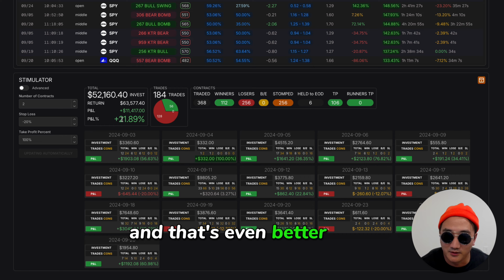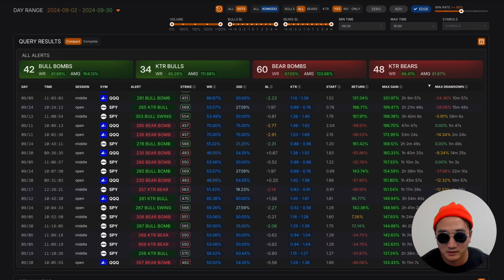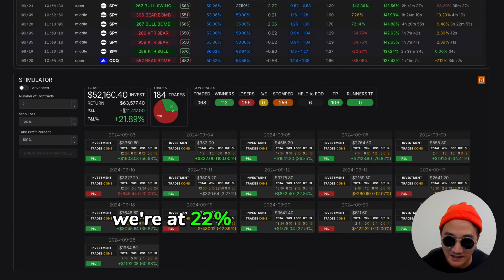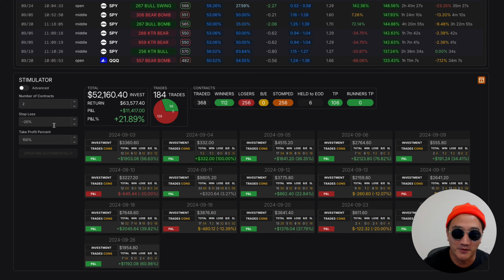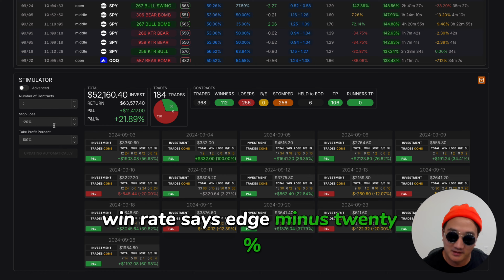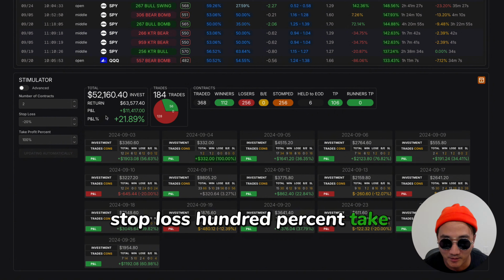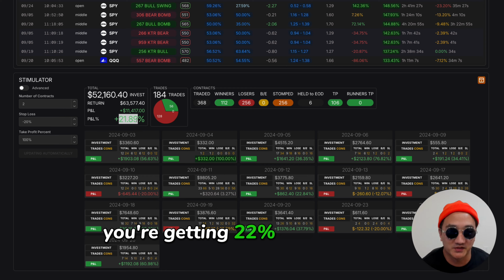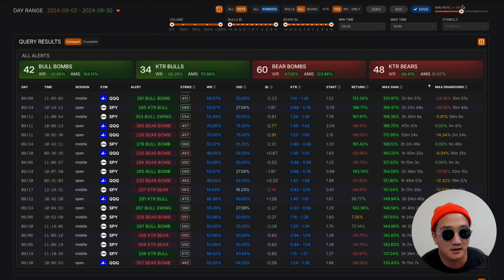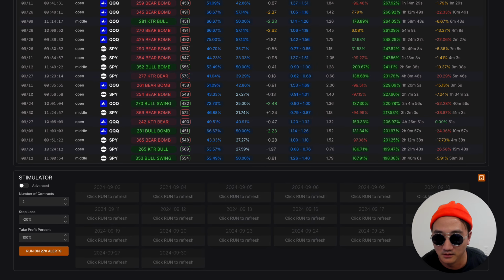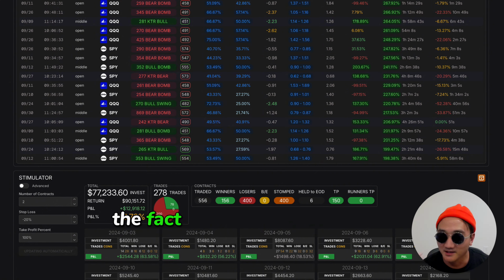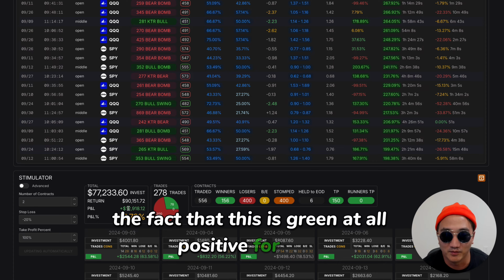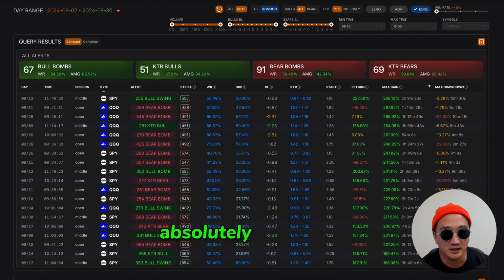And that's even better, right? Because what was the other one? We're at 22%, $11,000. Just clicking the button, get the alert. It says 50% win rate. It says edge, minus 20% stop loss, 100% take profit. You're getting 22% on the month. But when we move that back down to zero, let's see what it was. 16.73. The fact that this is green at all, positive for both, absolutely incredible.